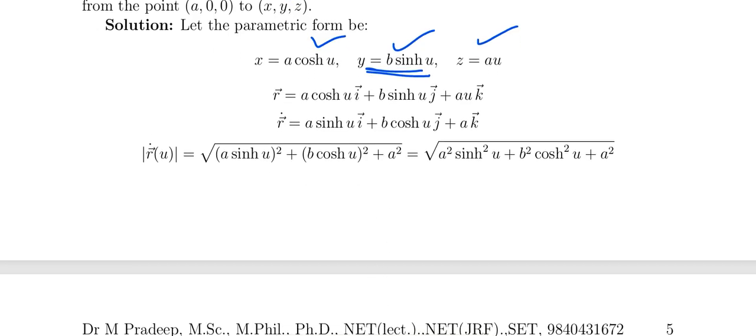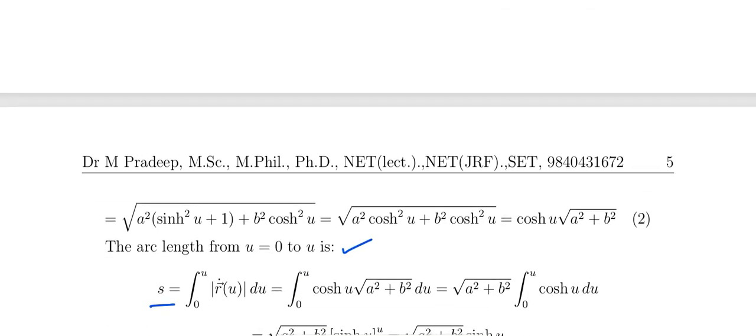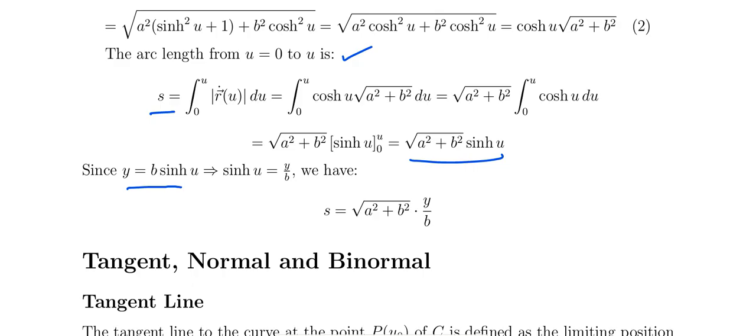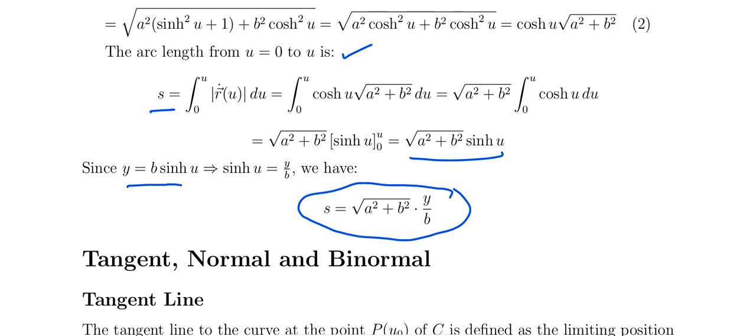When you use it here, sin hu equals y by b, so the length s equals root of a square plus b square into y by b. Okay, so this is the idea.